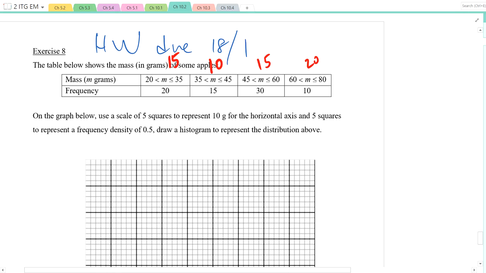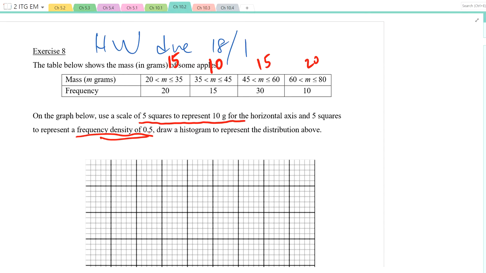So we are expecting the class width to be different. From 15, then it becomes smaller to become 10, then bigger to 15, then after that it becomes 20. Okay? And we've got the instructions. 5 squares to represent 10 grams for the horizontal axis, 5 squares to represent frequency density of 0.5. Draw a histogram.